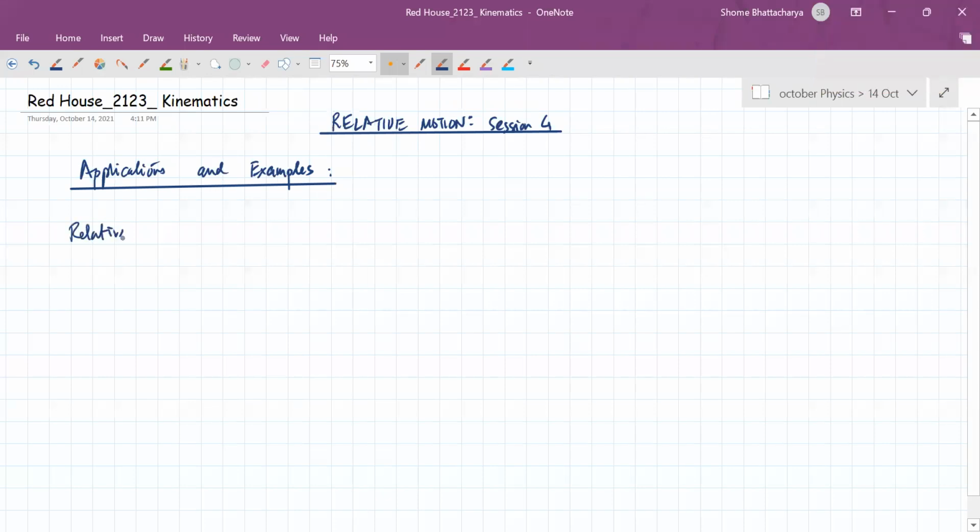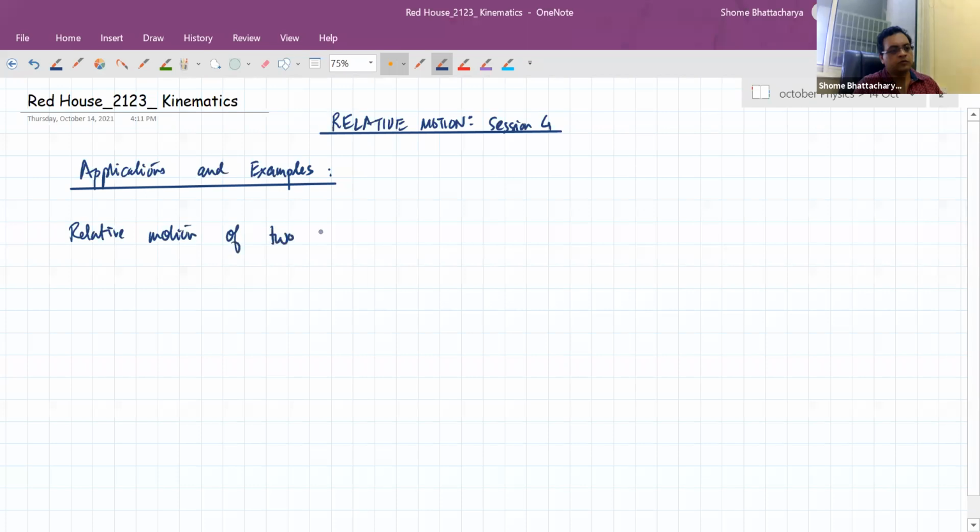So relative motion of two objects moving under the action of gravity.